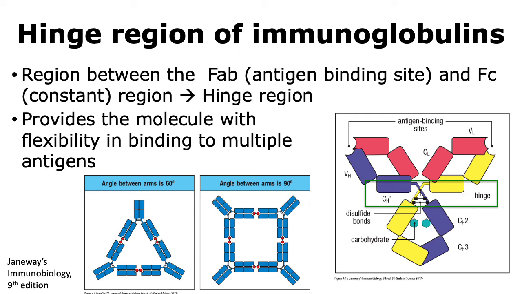And in this case, the angle between the arms is 90 degrees. This change in the angle from 60 degrees to 90 degrees is due to the flexibility that is provided by the Hinge region. Thus, the Hinge region plays an important role in providing flexibility to the immunoglobulin when it binds to antigens.